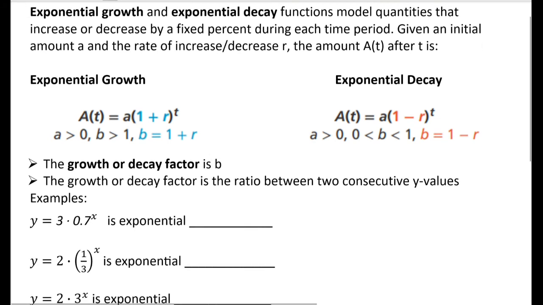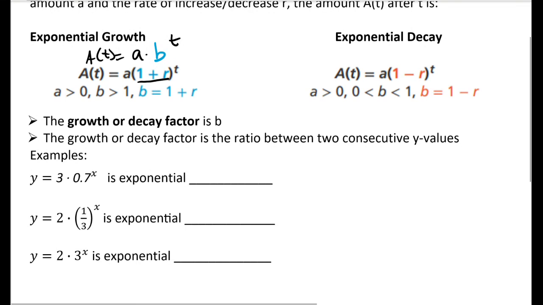So here's the growth and decay function. A of t is a times b raised to the t. Remember that the exponential model was a times b to the x? Well, this time we're using a times b to the t, where b is equal to 1 plus r. I'm going to make this a blue b so that you can tell it's based off of the 1 plus r.